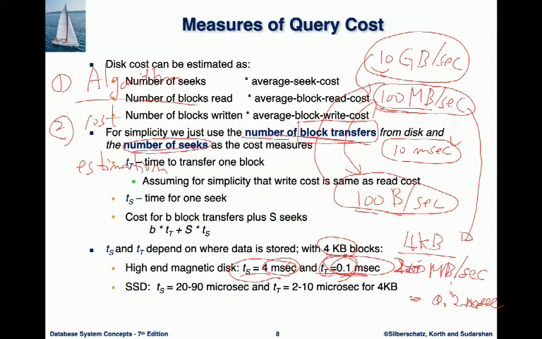Because we know the per block transfer cost, which is 0.1 millisecond or something else, and per seek cost, which is about 4 milliseconds or like 10 milliseconds, depending on the drive that you use, okay? So understand each algorithm and possess the ability to estimate the cost.